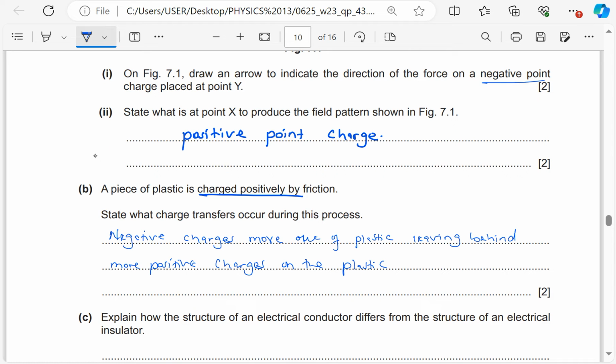So if the plastic becomes positively charged, it is because negative charges move out, or they are removed, or they are lost.